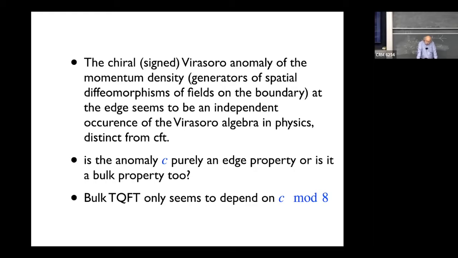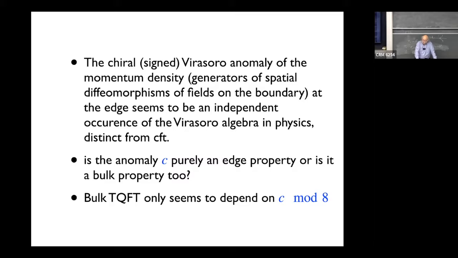And so one question that arises is, is the anomaly C purely an edge property, or is it a bulk property too? And the issue in that is that the bulk part, which invokes C, is basically, we can think of the bulk topological theory as a U1 level K times some neutral topological TQFT.